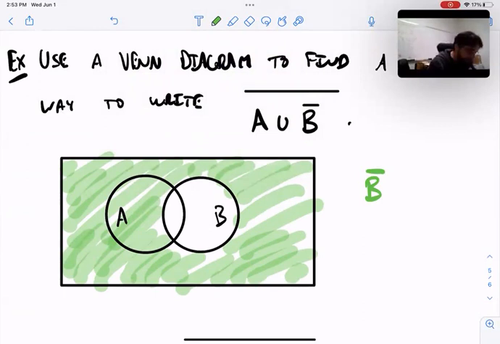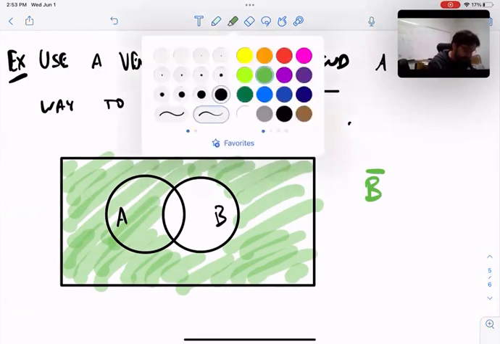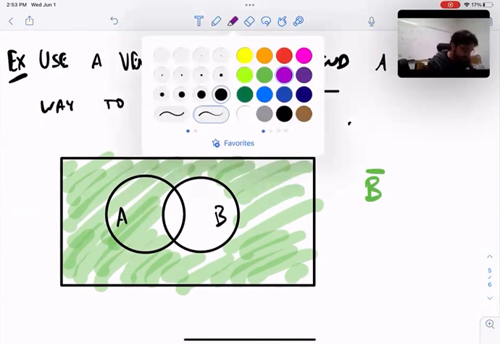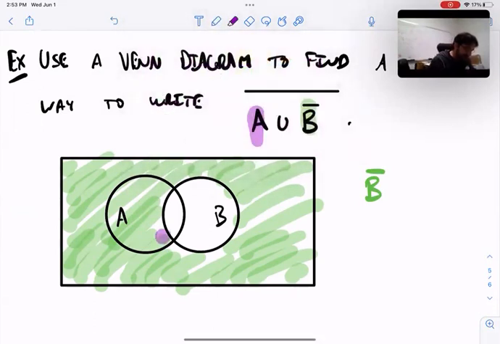Then what else do I want? I want to look at A. Here's the set A. So we did B complement. Now I want A, and A is all of this stuff. And now I want to take their union. I want to calculate this union. So what is the union? The union is going to be all of those elements all lumped together.